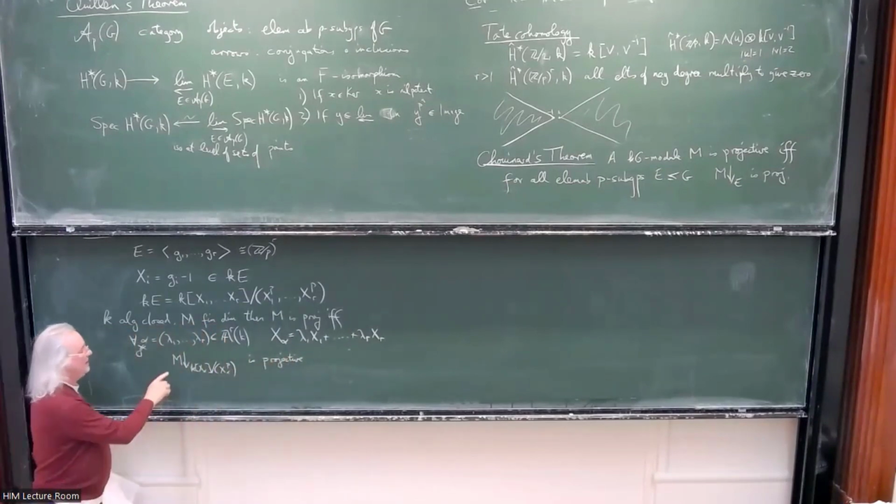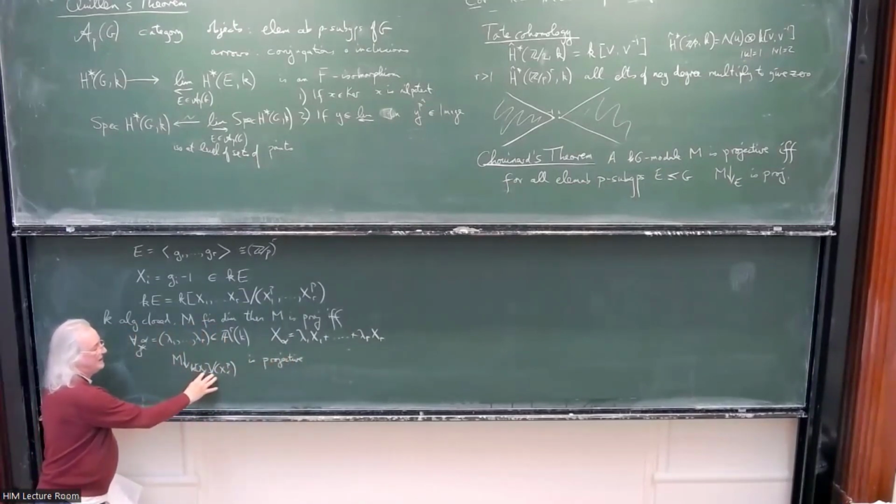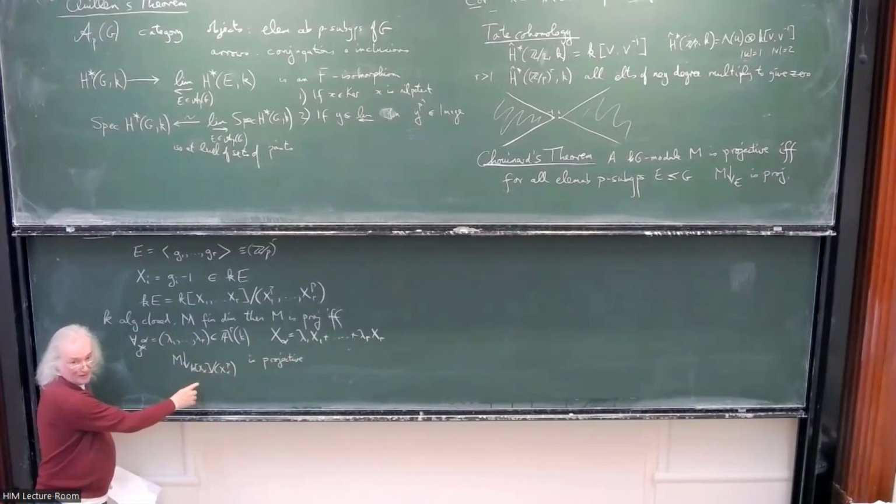So just as a module for this truncated polynomial ring on just one generator, whose p-th power is 0.